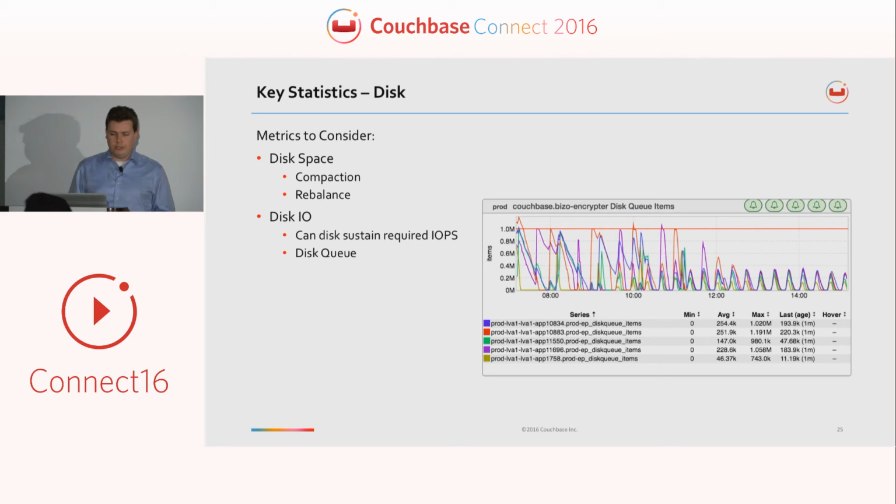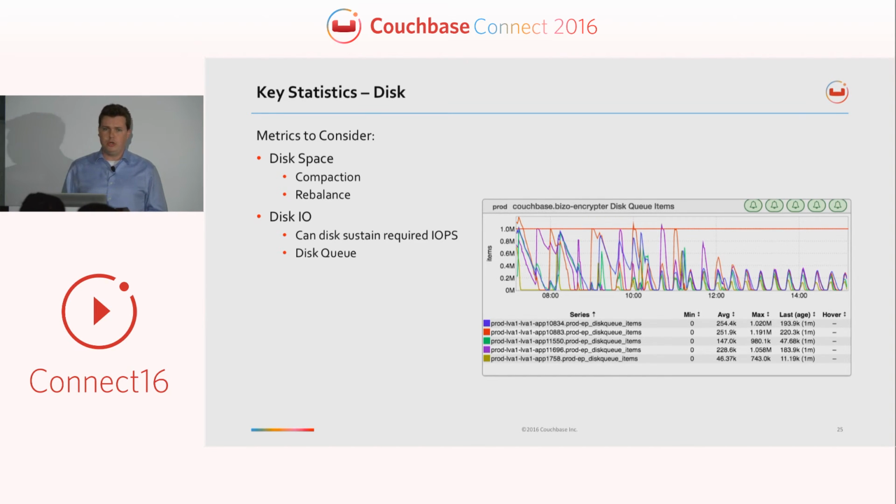So disk I/O. Alex talked about some really cool metrics before, but how do we look at this in a more real-world way? At LinkedIn, we have a number of highly write-intensive applications with Couchbase, where we may be doing 1 million sets a second, which is a huge amount.